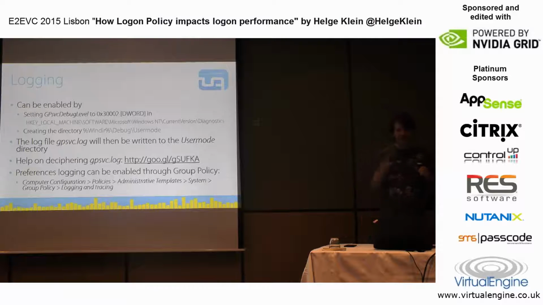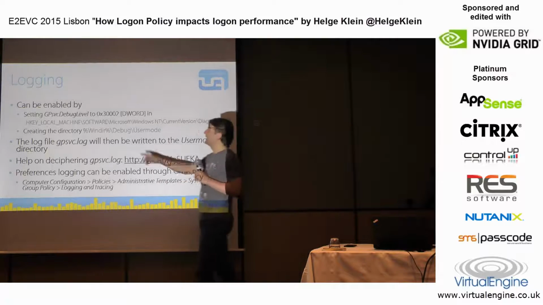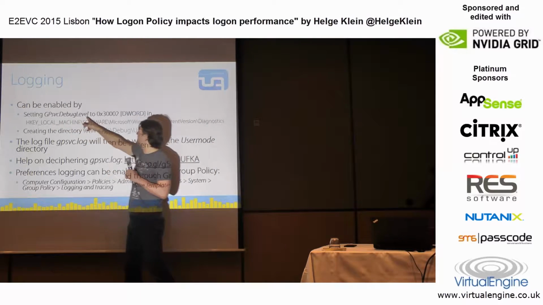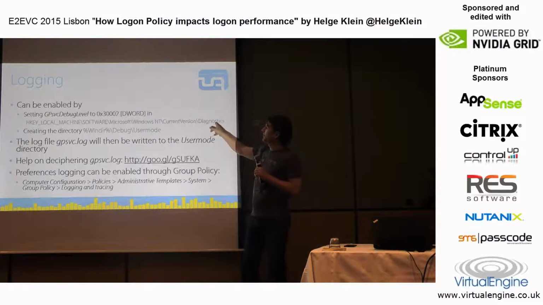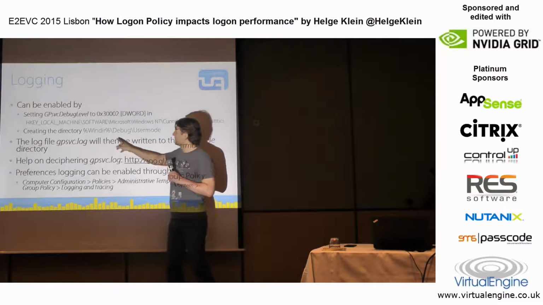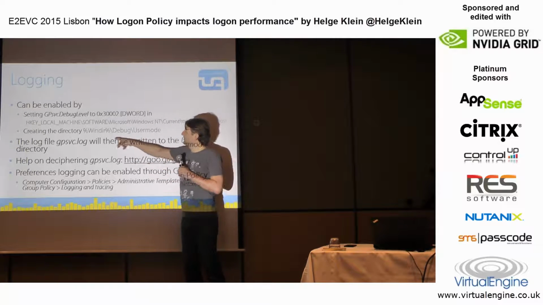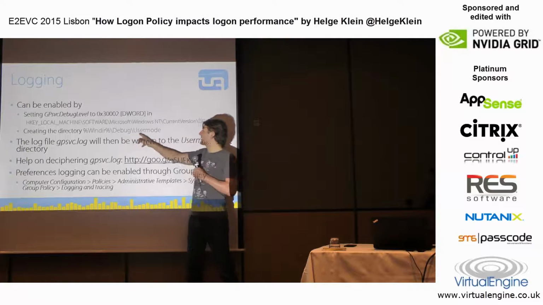Now, if you need to troubleshoot group policy, you can enable logging by setting this value here, GP service debug level, to whatever, in that registry key here, and you need to create the directory. This is a bit confusing, so you need to create this Windows debug user mode directory.